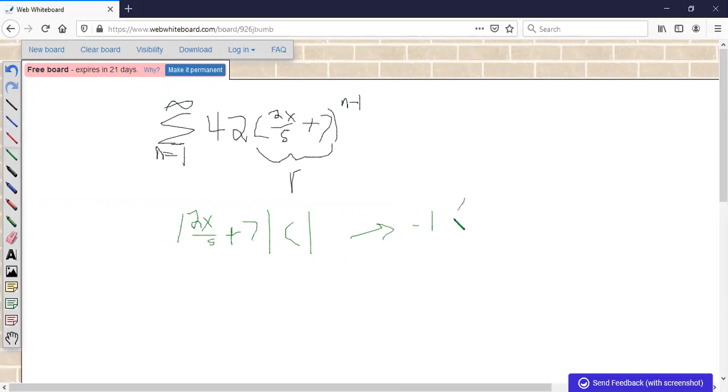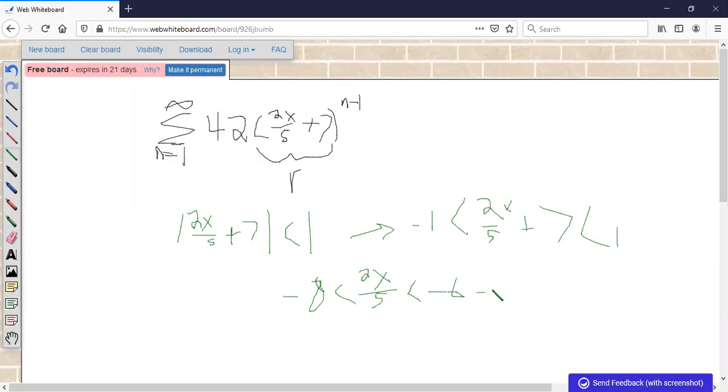In other words, negative 1 is less than 2x over 5 plus 7 is less than 1. In other words, negative 8 is less than 2x over 5 is less than negative 6.